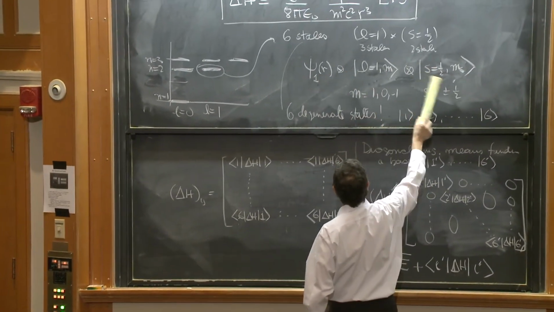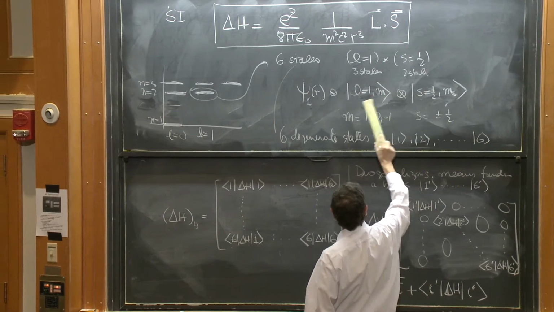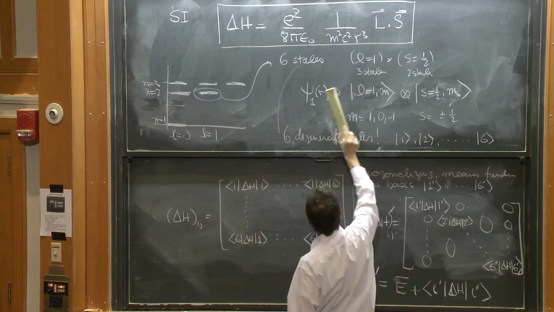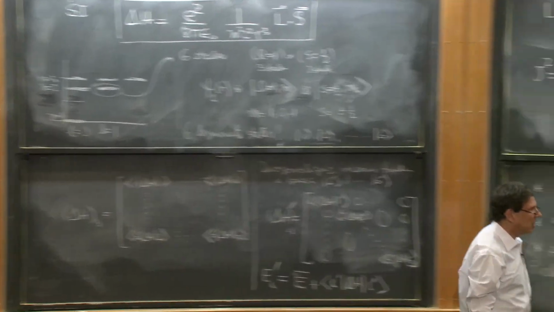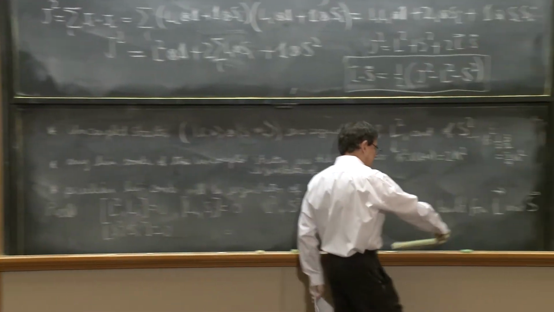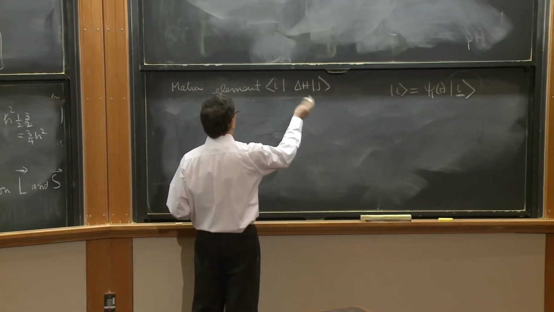Remember, a general state is a radial part and then something to do with L and S parts. This is the radial wave function, the angular wave function, and the spin wave function. So when you're doing a matrix element here, of what?